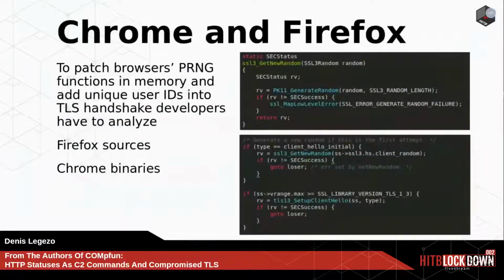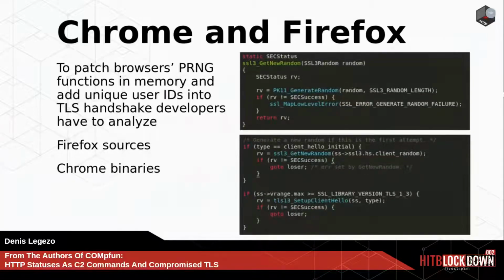And for sure, to patch, thanks God, Firefox is in source code, so they don't have to reverse the binary code. And in the case of Chrome, for sure, they have to analyze this huge DLL, which also includes the SSL capabilities, to spoof this pseudo random number generator.